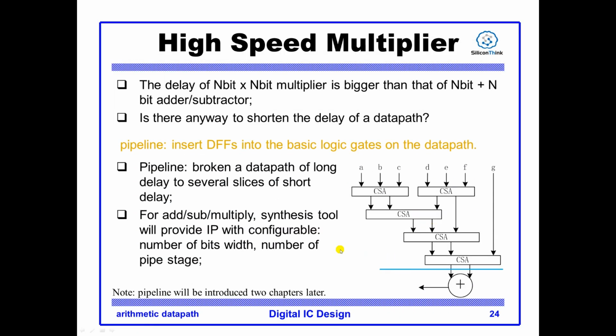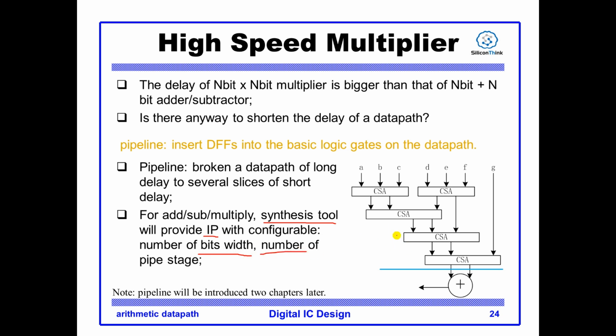Anyway, the synthesis tool is much more powerful now. You can just instantiate IPs provided by the synthesis tool and configure the IP with the bit width of your data inputs and how many pipe stages you want.